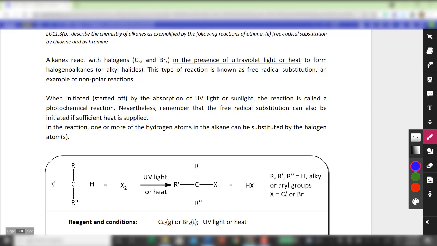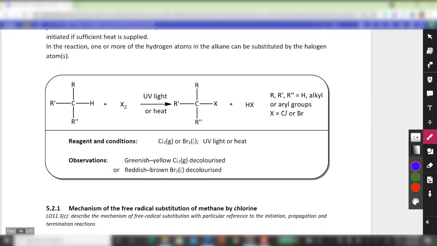Okay, so in the presence of UV light or heat, chlorine and bromine will undergo what we call homolytic fission. In the process, they will generate radicals. And once the radical is generated, the reaction will be initiated, and then it will move on and on. Okay, so now let us look at the table.